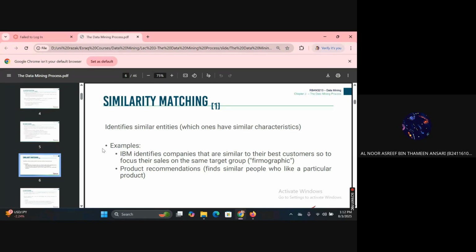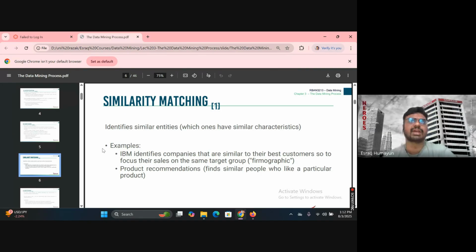Maybe you can give other examples, sir. Okay, I'm giving another example. You have a database of 20 students. From there, I will find out the students who like mathematics.